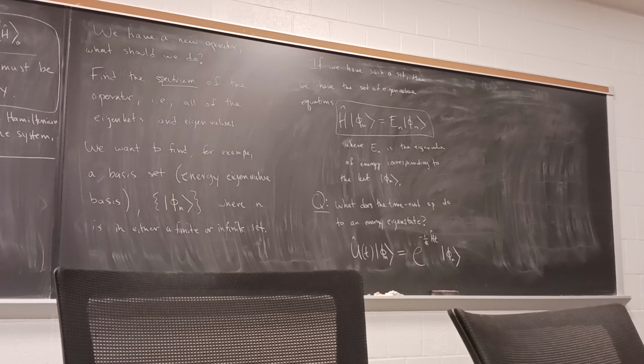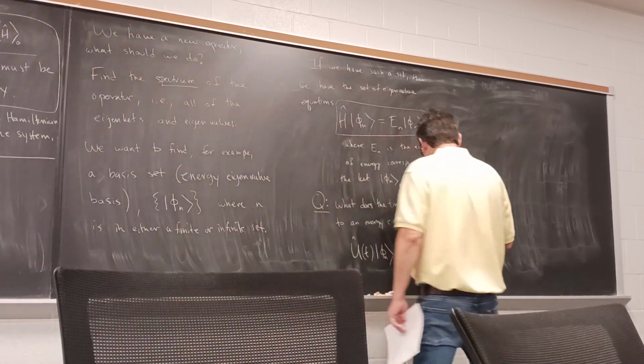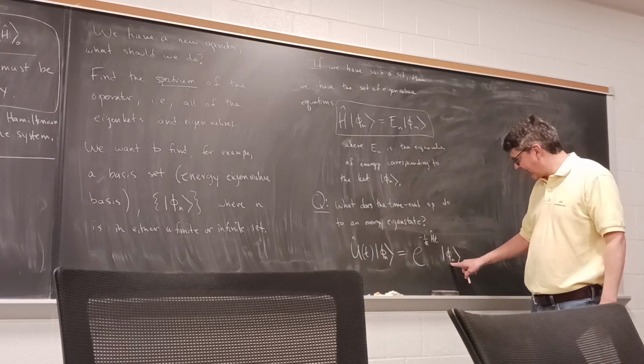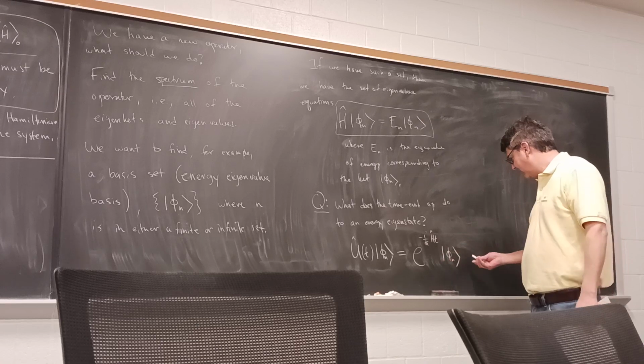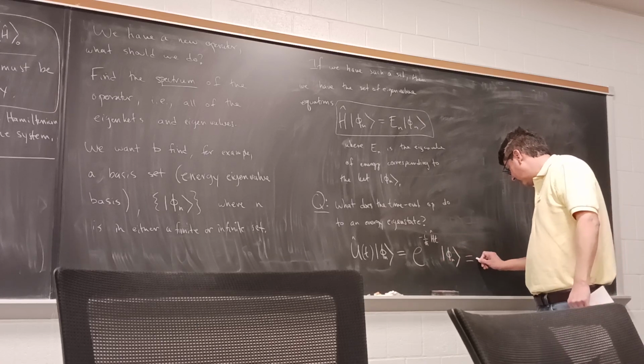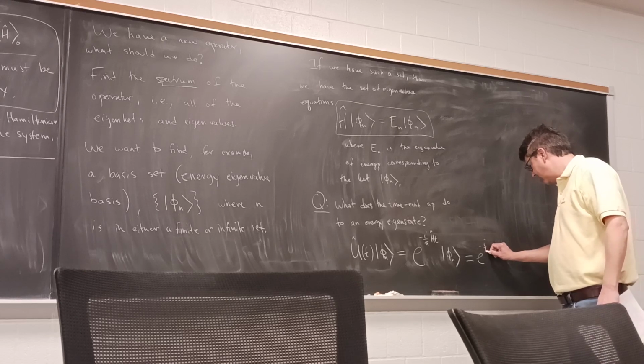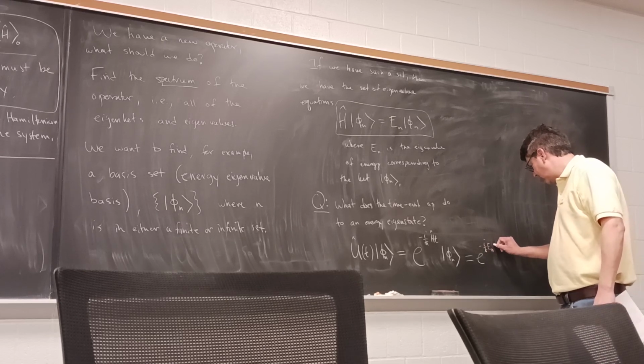It's the expansion, replace the H hat with E_n. As long as this ket is an eigenket of this operator, then you can just replace it with the eigenvalue. Because you can just do the expansion, and so this is just E_n t.